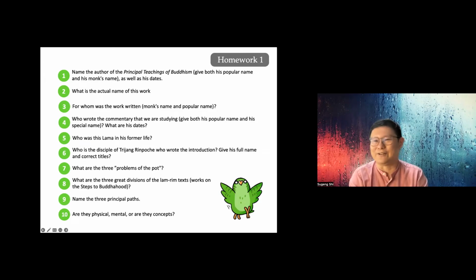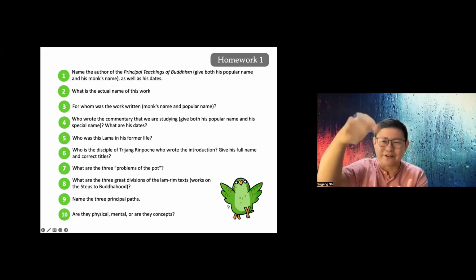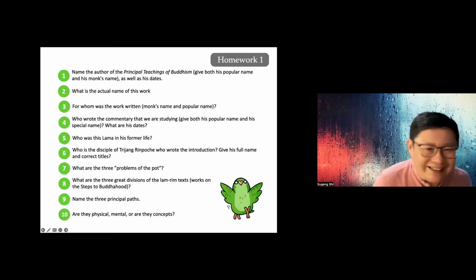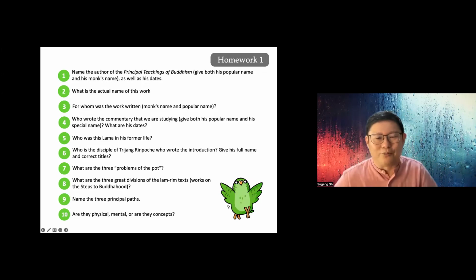Leaking means there's a hole. No matter how much water you pour in, the water will still flow out, and you can't retain what you are learning. This is in the form of, maybe while listening, you were busy texting or doing other things, so you are missing information. So these are the 3 problems of the pot.